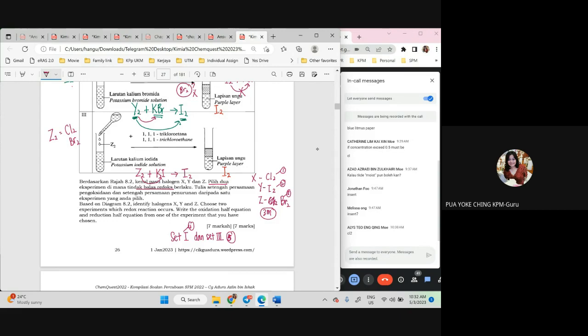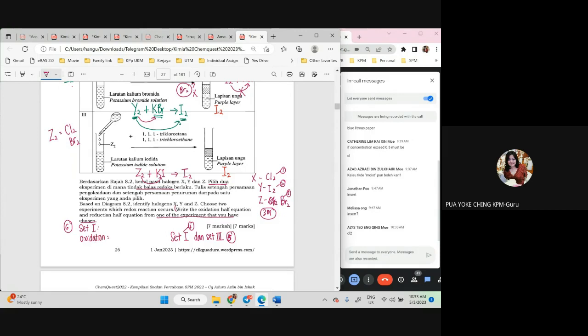Okay, so what is your 0.6? Baca betul-betul. Write the oxidation half equation and reduction half equation from one of the experiments that you have chosen. Okay? Dia hanya nak salah satu. So, you kena label. Let's say kalau you nak pilih set 1. So, label set 1. And then oxidation.